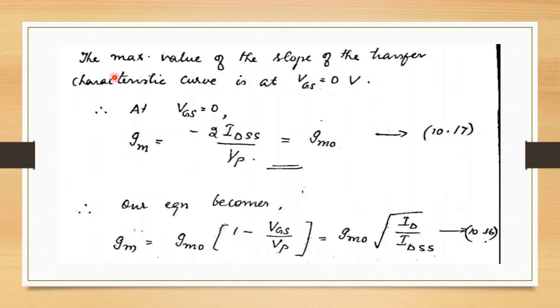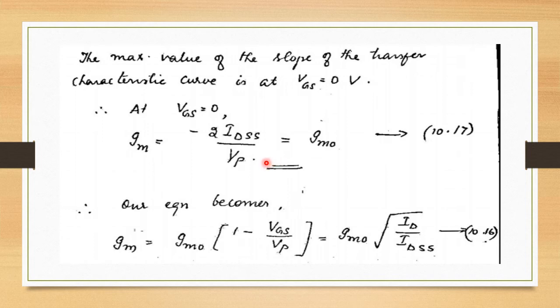Next, what is the maximum value of the slope of the transfer characteristic curve at VGS equal to 0? When we substitute VGS equal to 0 in the above equation, you get gm equal to minus 2 IDSS by VP, since the term in the bracket becomes 1.